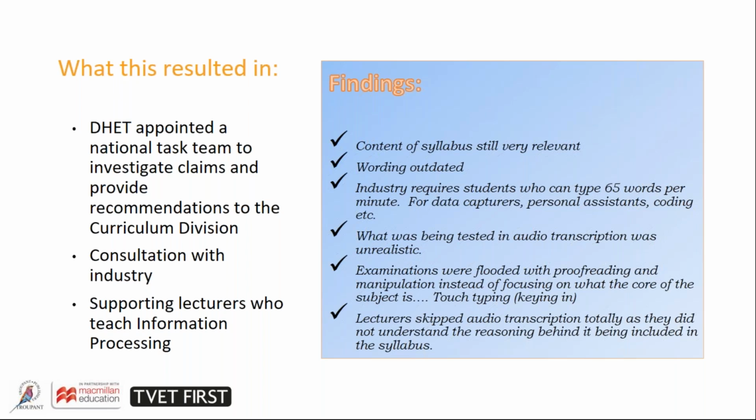We've all heard the buzzword going around since last year about 4IR, the Fourth Industrial Revolution, and the Fifth Industrial Revolution. With this, students and business people are required to be able to type, and to type quickly.